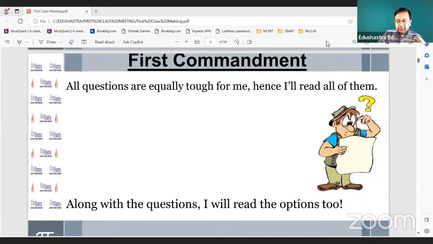So we will be using some faster methods, some conceptual methods in today's session, and we will see how quickly we can solve any given question, right? Okay. So see, there is no magic, right?